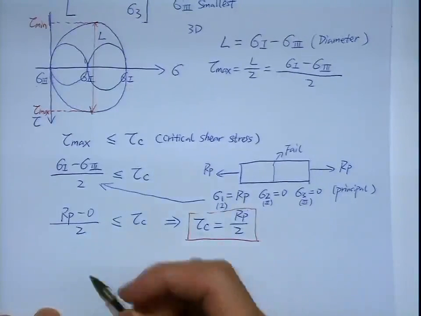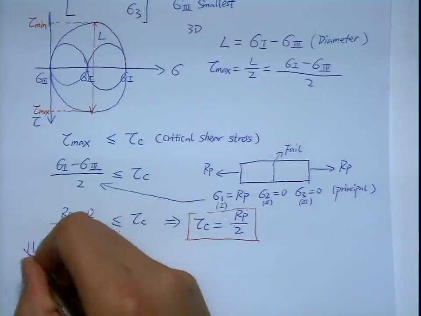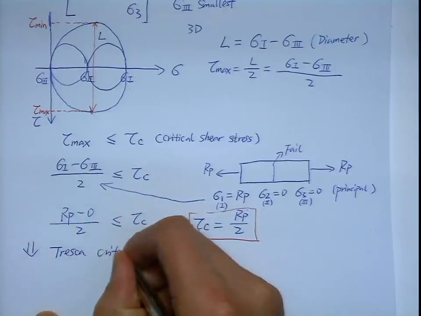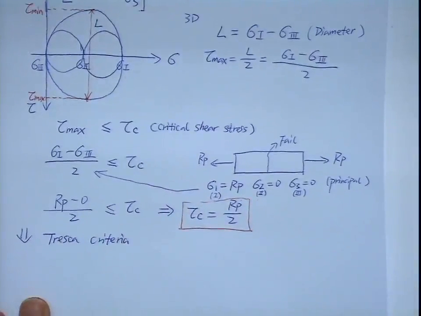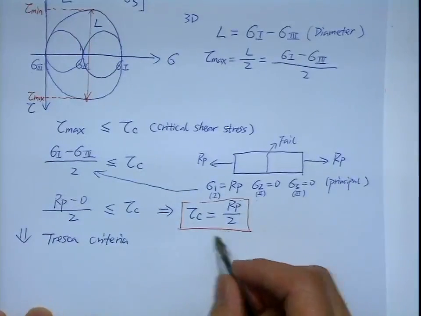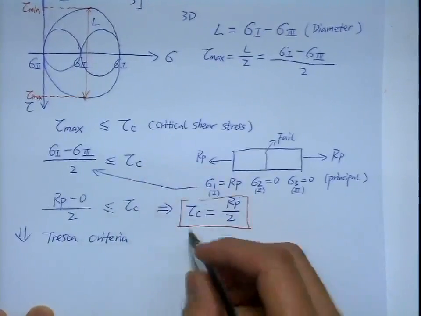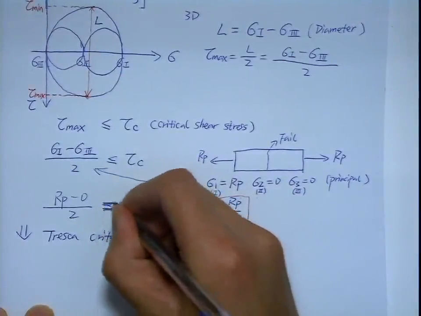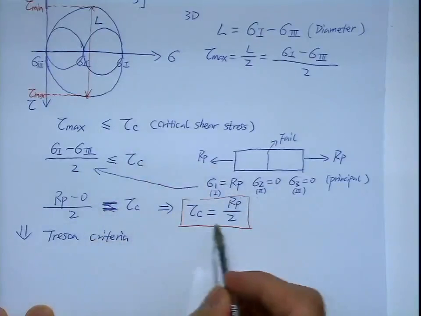So now, the real Tresca criteria here is, I put that equation back to here. Let me just put equal here, because this is to get this relation.